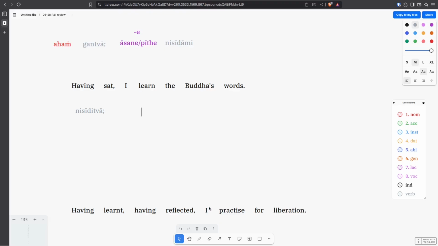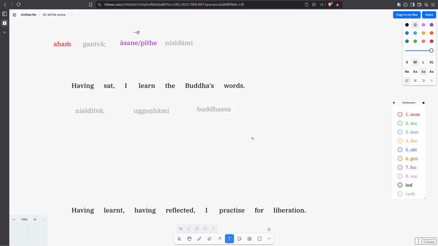So I was thinking of uggaṇhāti. Uggaṇhāti, okay. Uggaṇhāmi, or Buddhassa vacha... That's right. So I learn, uggaṇhāmi. So the Buddha's words. You got it right. So Buddhassa, and words are vacana.